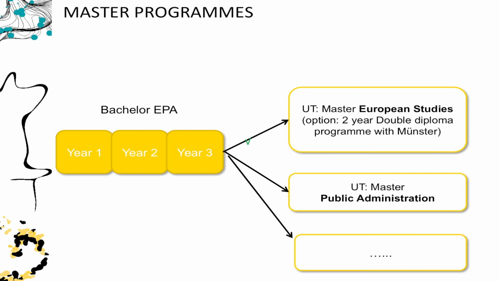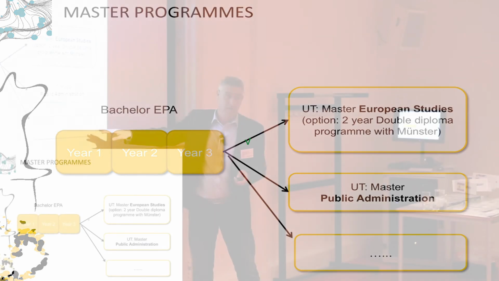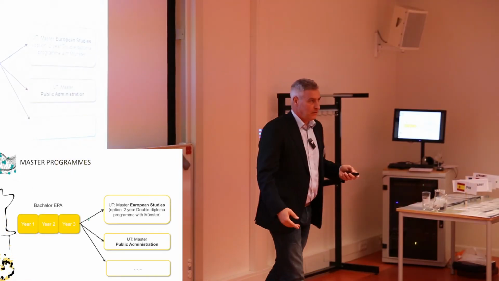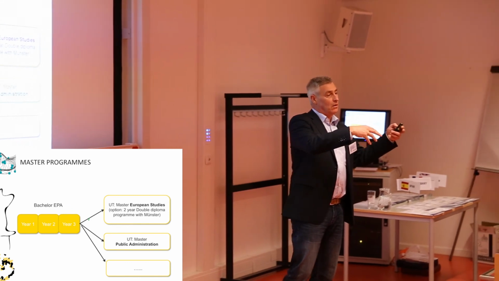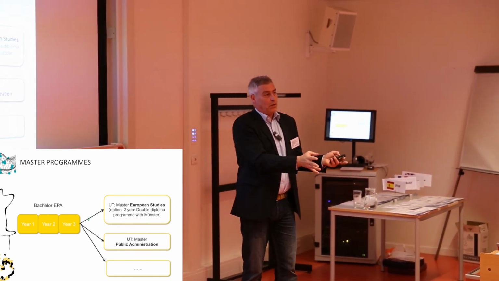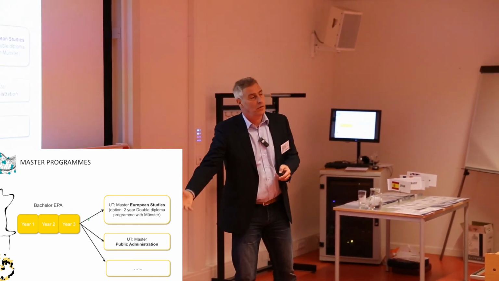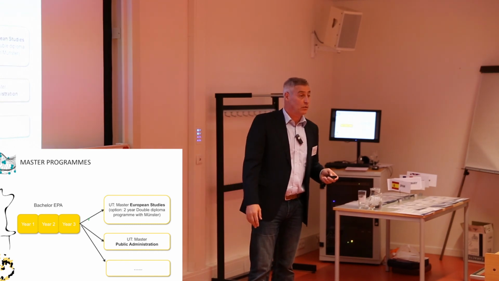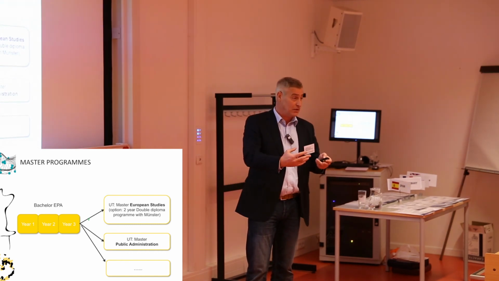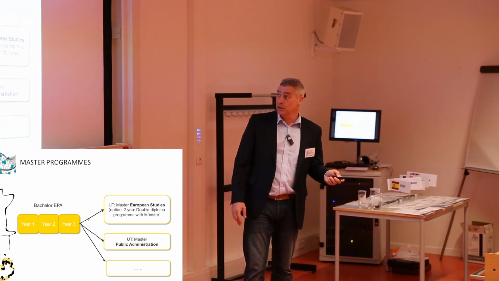You get a diploma from Twente and a diploma from Münster. And we have a master program in public administration, but there are plenty of other opportunities. And very often what we see is that people follow a bachelor program at one university and then they move over to another university to follow a master program. That's the whole idea actually of the bachelor-master model.